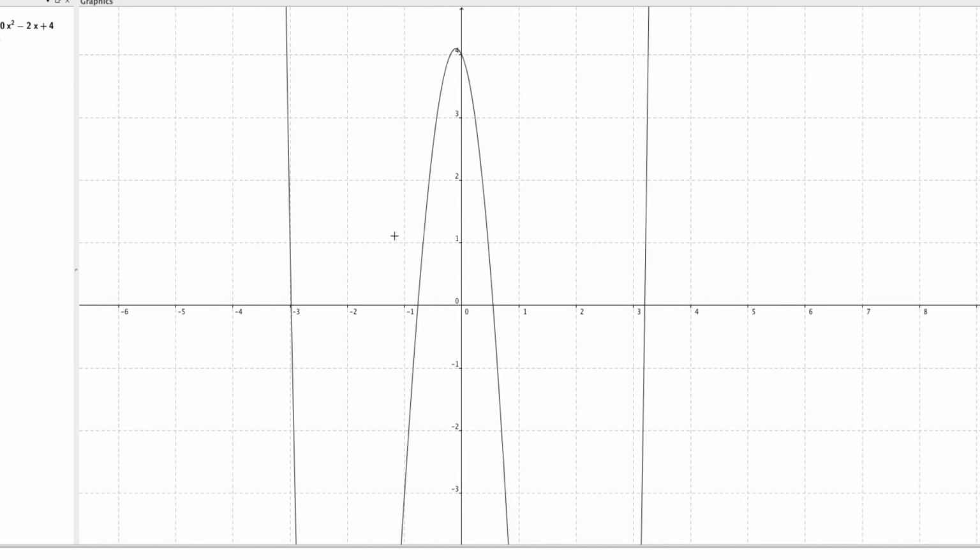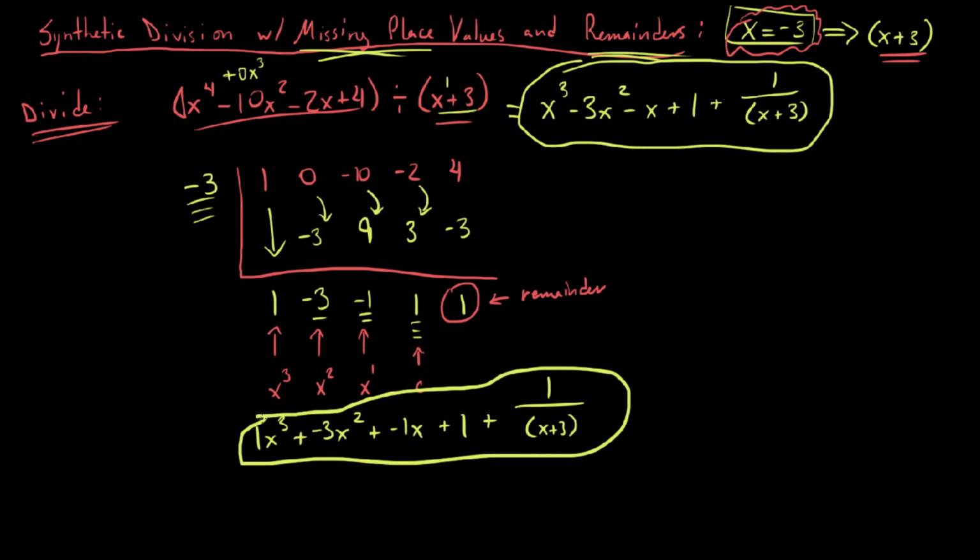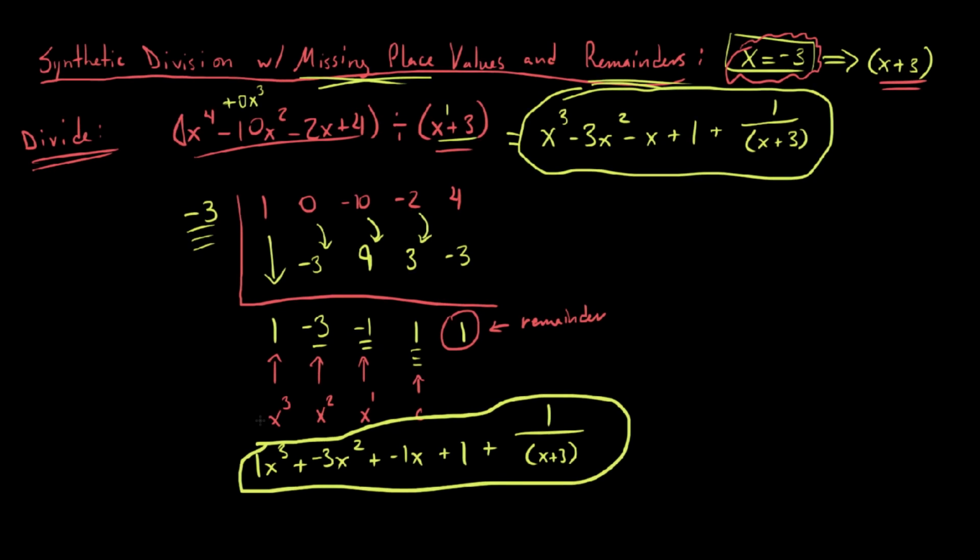We're doing it to try to guess at some of the zeros and divide them out so that what's left over is of lesser degree than what I started with. So for example, my answer was a cubic. I might have more of an opportunity to factor that mentally with my factoring techniques than I would to factor the original. But again, I also did this video because I wanted you to see what it looks like when you have a remainder in synthetic division, and also when you have to fill in place values like this 0x cubed here.